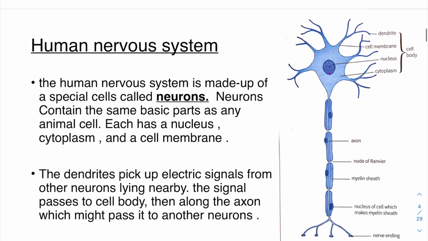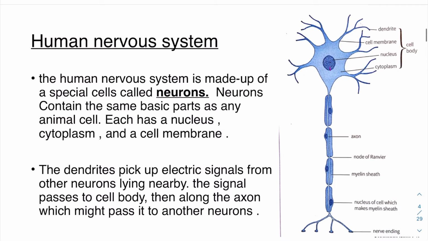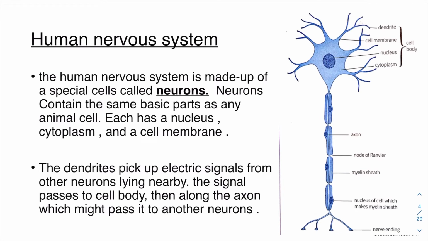But how is it possible that a system, given that we know the human body is made up of cells, can be done through the cells? Well, this system needs specialized cells, and specialized cells, as you see here, have special features and shape, but they have some main parts like other body cells.